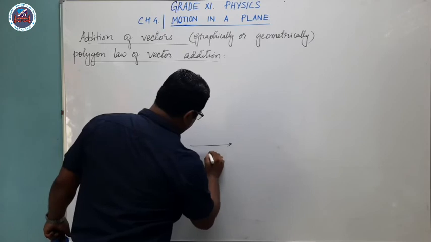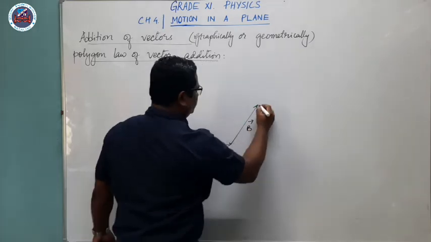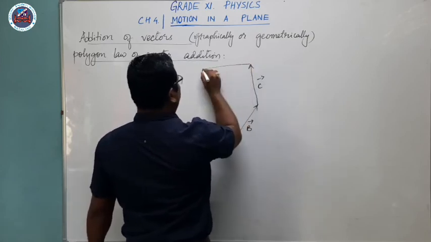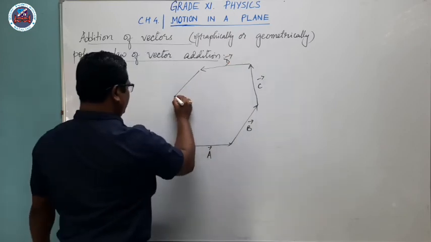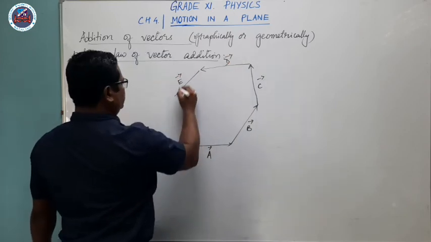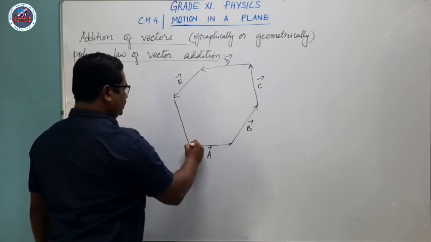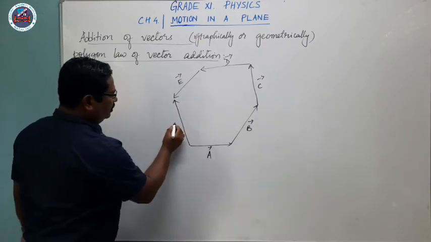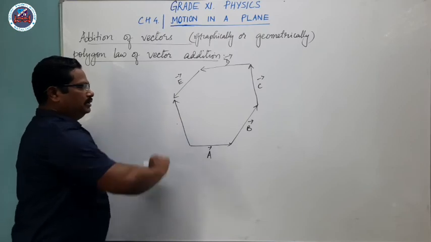Suppose these are the vectors. Suppose I am taking vector A, this is vector B, vector C, vector D, and suppose this is vector E, and then this is the closing side. Then I will take it in the opposite order. Then this length will give us the overall resultant.